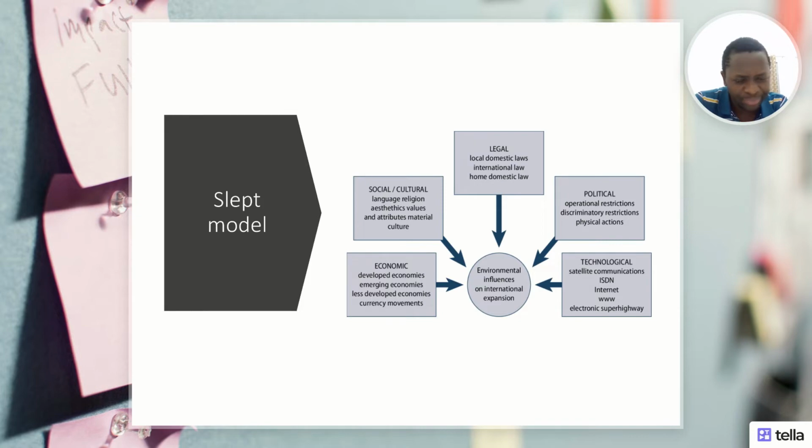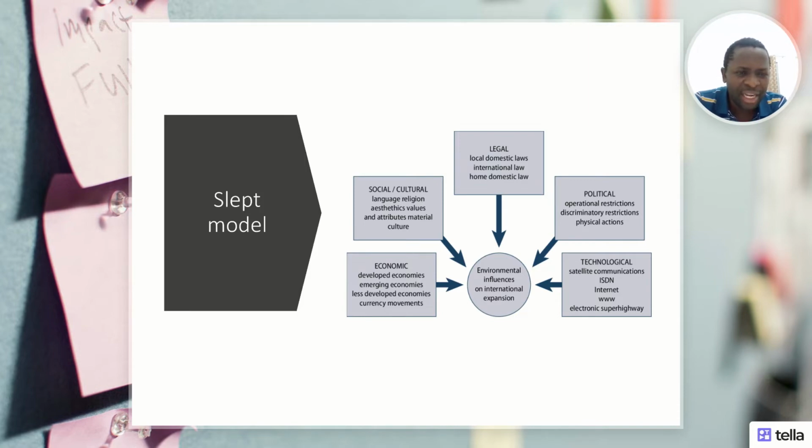Issues to do with technology. You need to understand the levels of technology in different countries, and the level of adoption. Then the political aspects, some operational restrictions which may be put in line with the legal environment. You also need to take note of the economy. Is it a developed economy? Is it a developing economy?